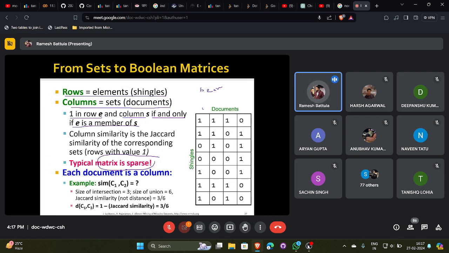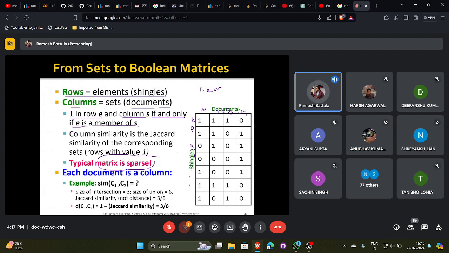I write S1 here, S2 here, S3 here, S4 here. And you have to define your shingles: B, E, A, X, and so on.